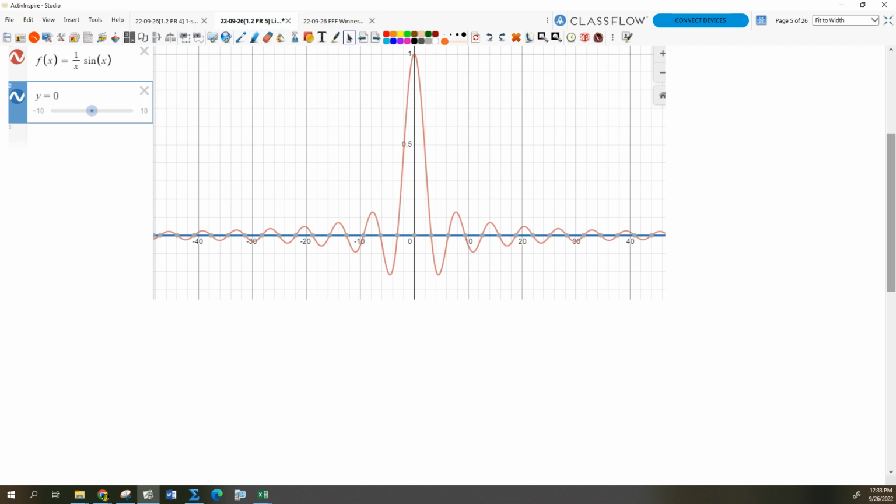And so even though the function is oscillating around a whole bunch and passing through the x-axis an infinite number of times, the trend is that it's always getting closer and closer to the x-axis, right? And so even in this weird case, we would say, yeah, there is a horizontal asymptote that guides the behavior of the function. Infinitely far to the right, which we can never get to, we should expect that if we go infinitely far, we're going to end up at the x-axis.